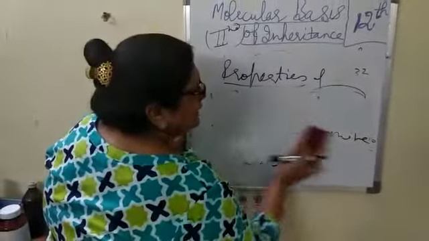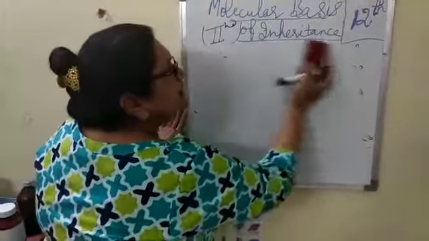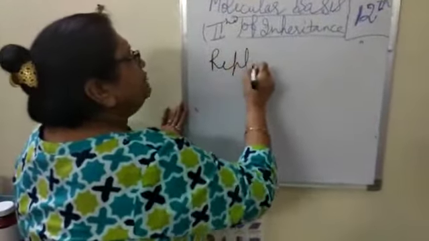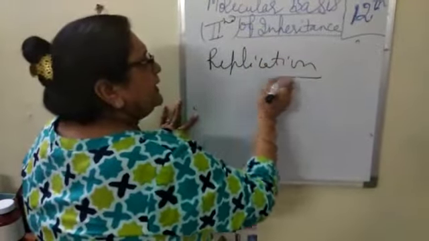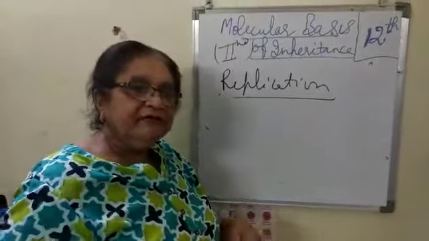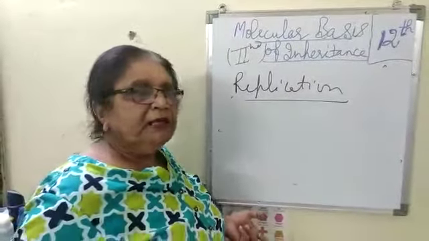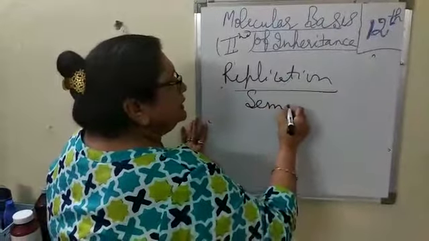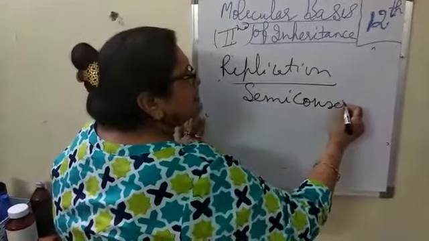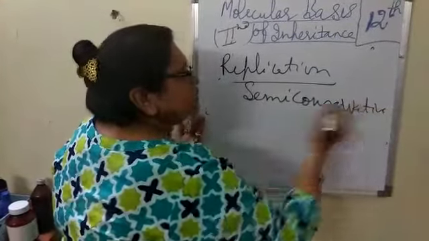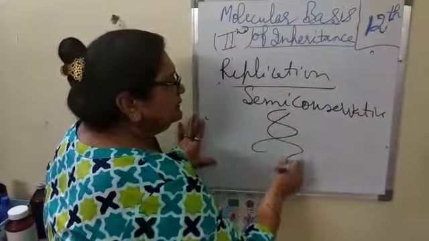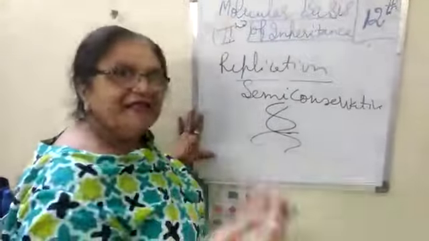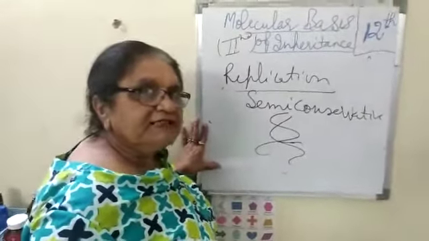Then comes another subtopic according to NCERT: replication of DNA. Replicate means divide, give a replica or carbon copy. So DNA replicates, but very important, it is semi-conservative in nature. Suppose this is the DNA. DNA shows the replicon, one point where it replicates. Prokaryotes have a single replicon.